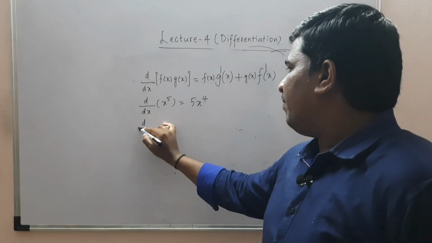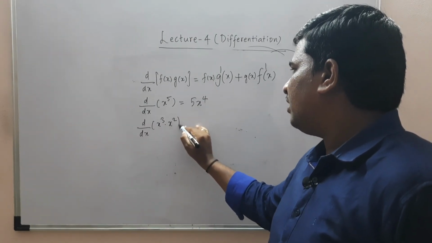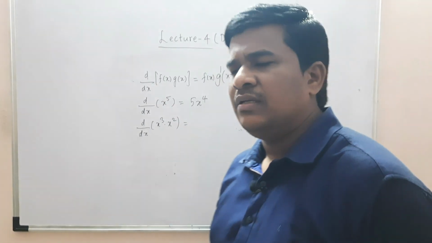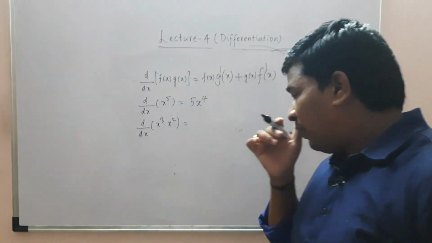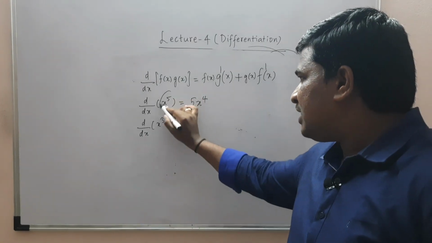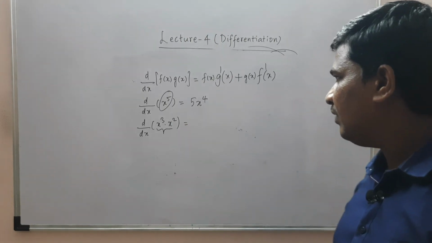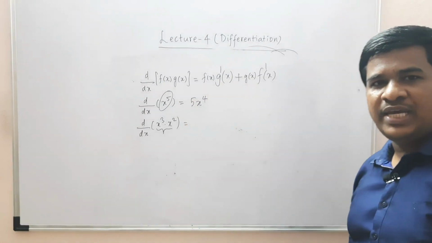Same x power 5, what I write is x cube into x square. Sir, why do you write only x cube into x square? Can't you write x power 4 into x power 1, or x power 2 into x power 3? That is up to you. You can write anything. I am expressing this particular function as the product of two functions here. Even if I use this formula, I should get the same answer, that is 5x power 4.